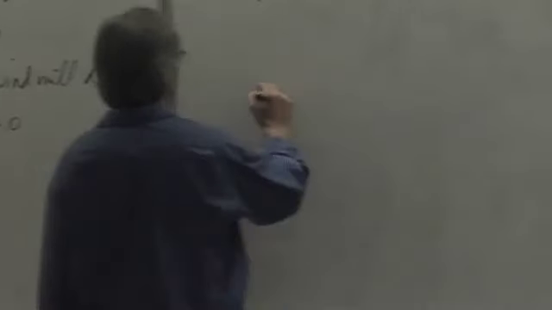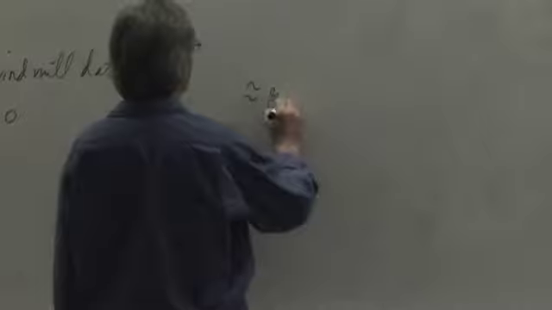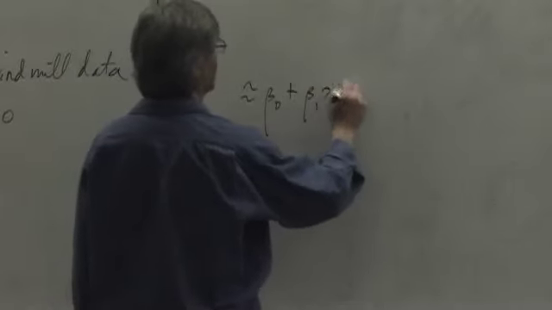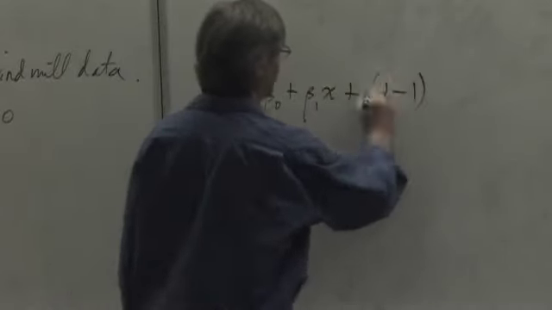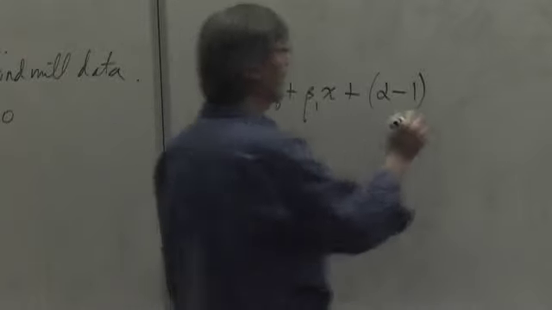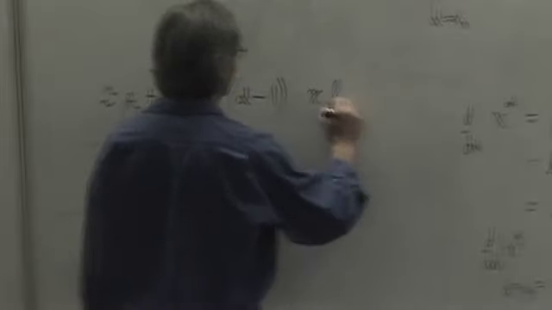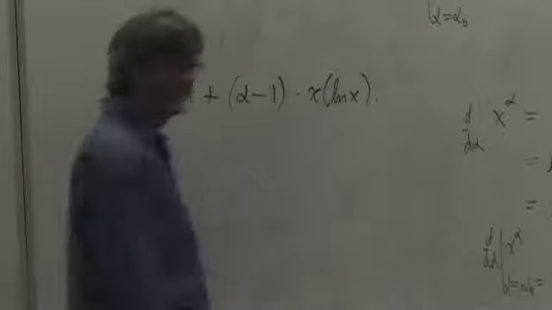So what I get is that EY is approximately equal to beta 0 plus beta 1 x plus beta 1 times alpha minus 1, where alpha 0 was 1, times x log x. Interesting, huh?